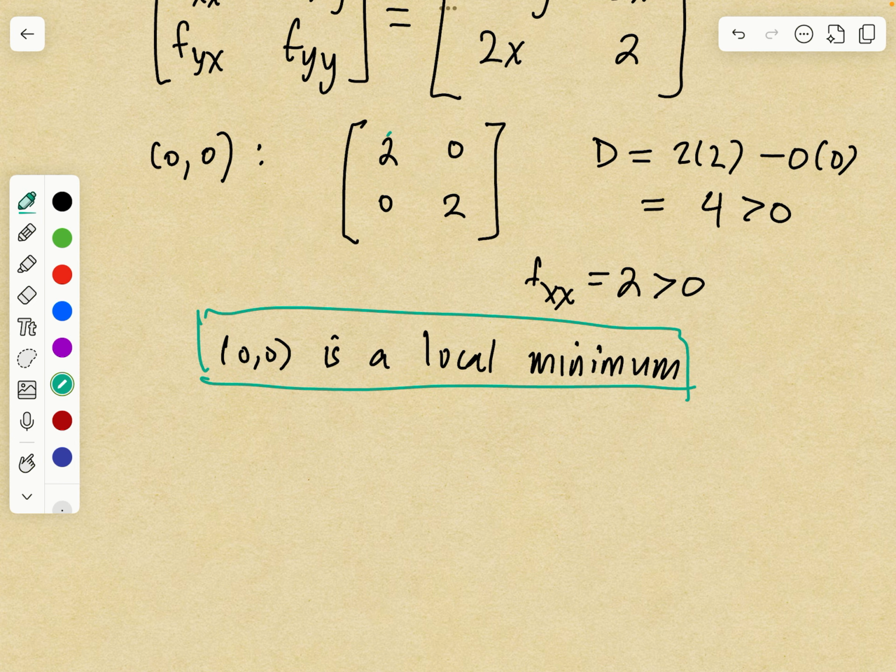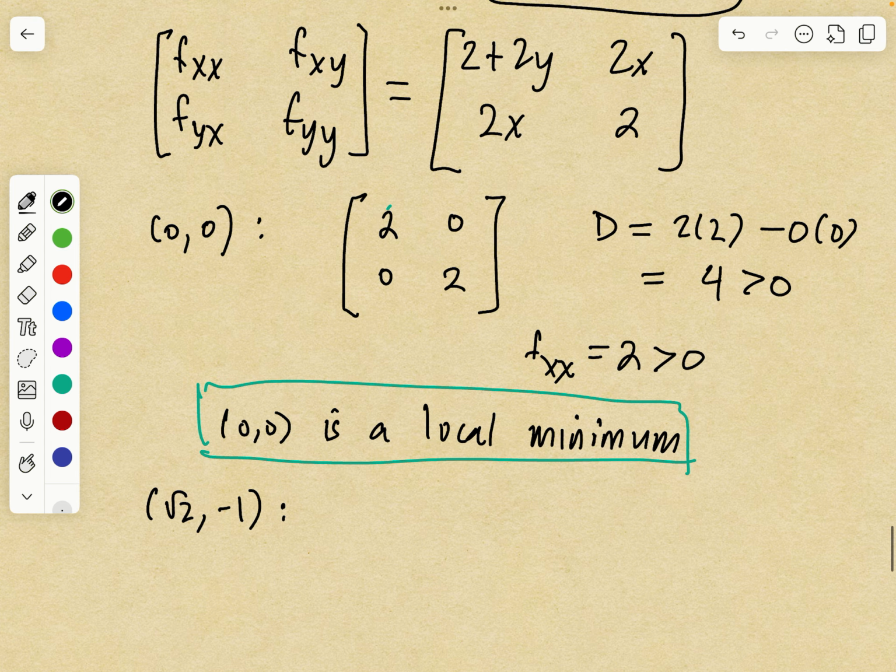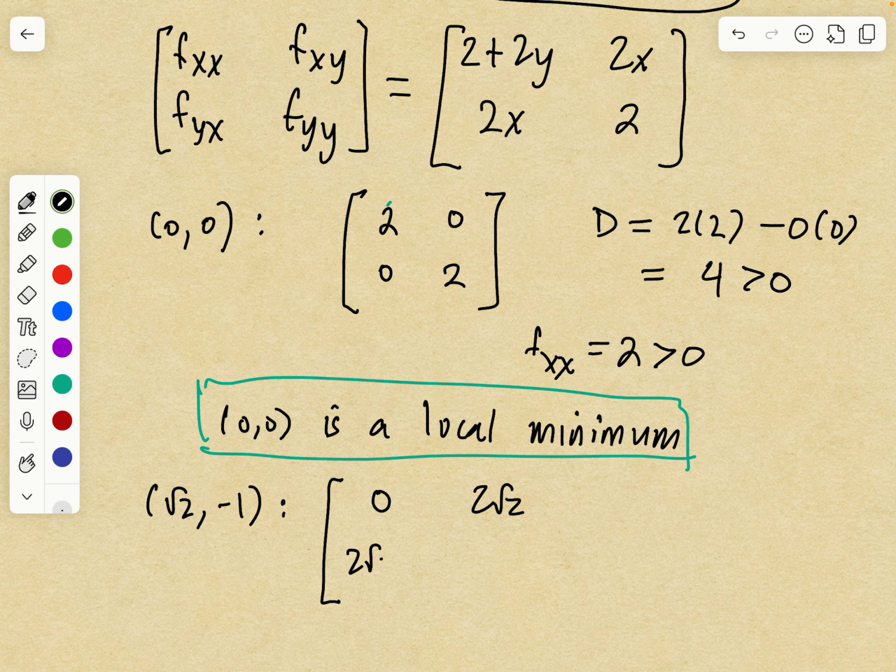And now we have 2 more, (root 2, negative 1). When I plug those in, I get 0 here, 2 root 2 here, 2 root 2 here, and 2 here. Now when I calculate D, I get 0 times 2 minus 2 root 2 squared, and that's going to be a negative number.